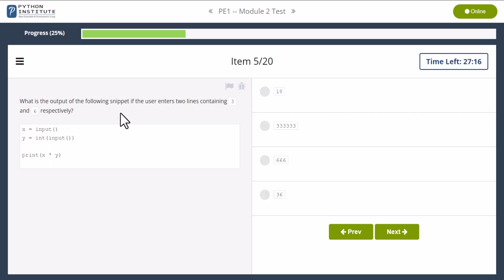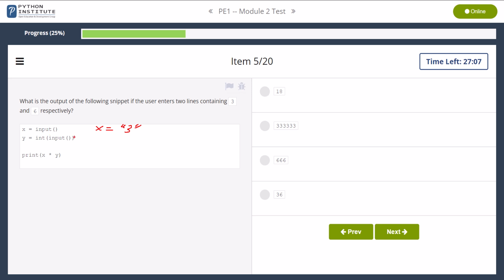What is the output of the following snippet if the user enters two lines containing 3 and 6 respectively? Okay, so this one is interesting. We need to keep track of what type these variables will be. x will be 3, but it will be a string of 3 because we don't have any type conversion here.